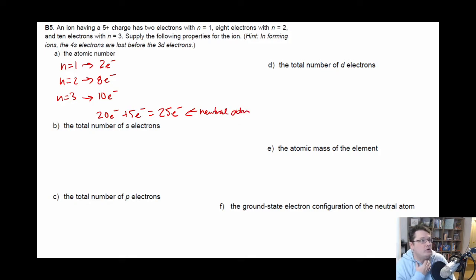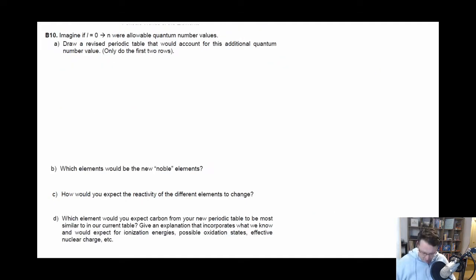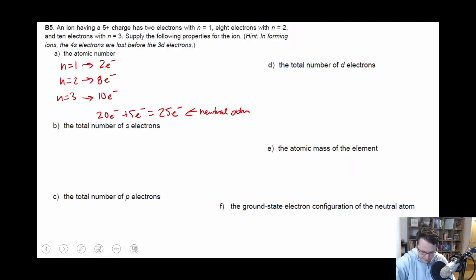Because the number of electrons in the neutral atom is equal to the number of protons in the neutral atom, and the number of protons is equal to the atomic number, that tells us that the atomic number of the element that we're looking at is 25, which is manganese in that case.